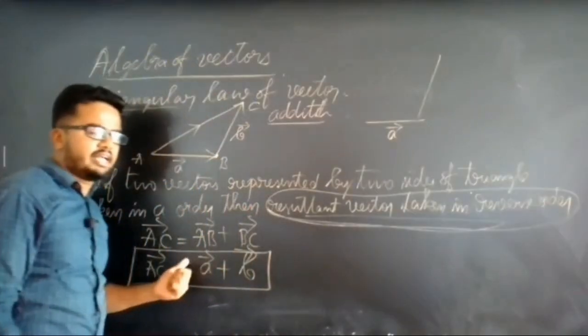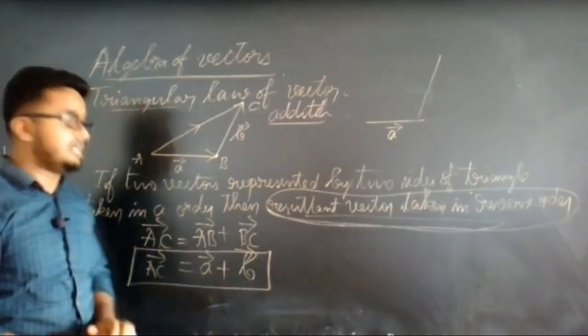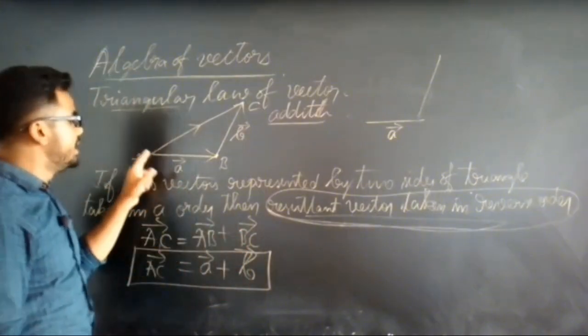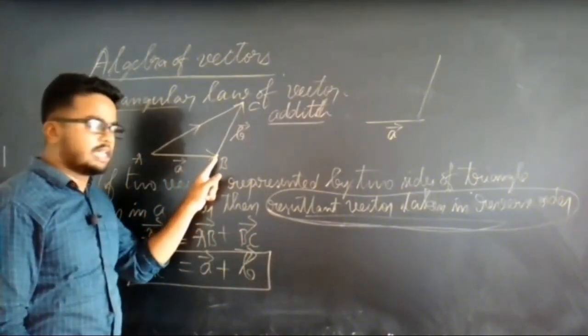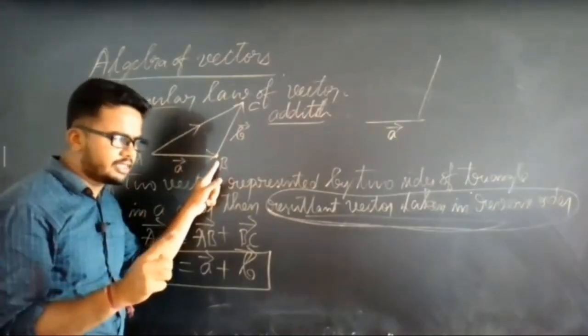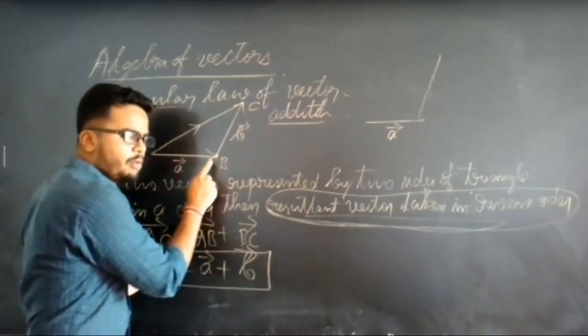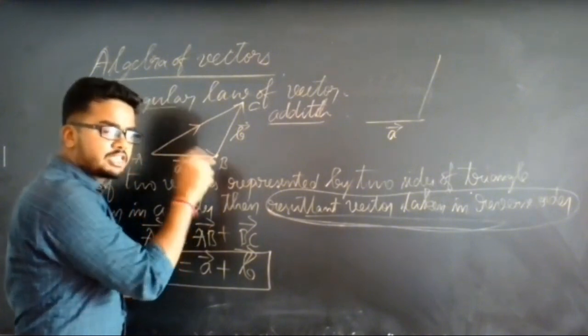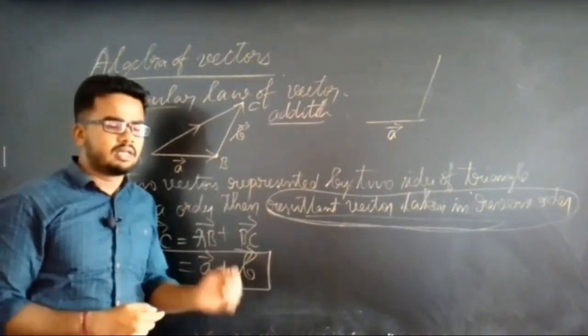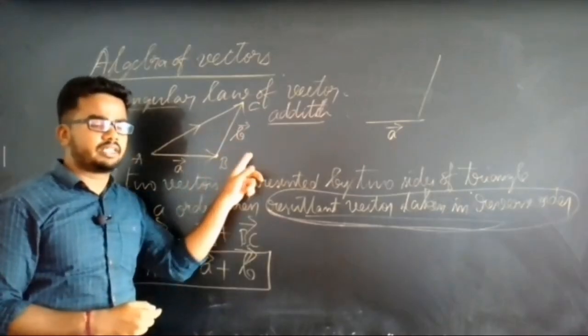One more thing you understand. When can we find the resultant vector, or when can we add the vectors? Keep in your mind, the terminal point of one vector must coincide with the initial point of one more vector, then we can add these two vectors.